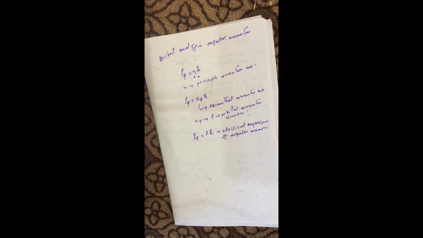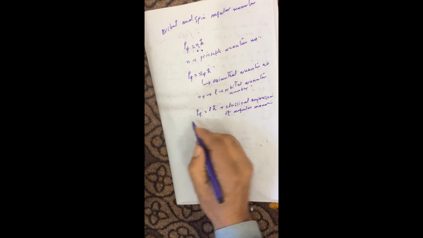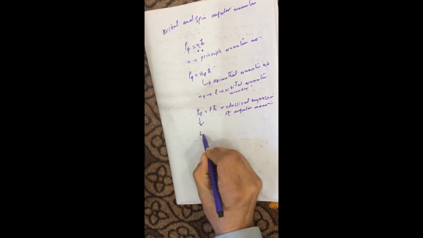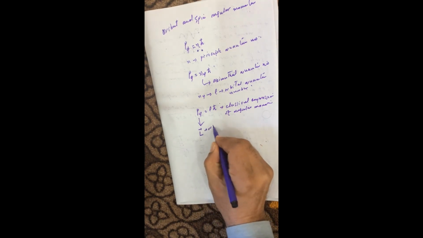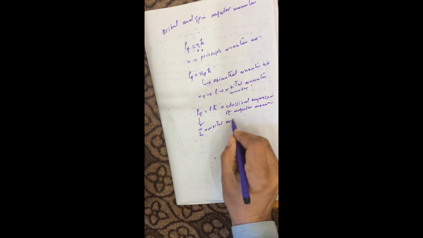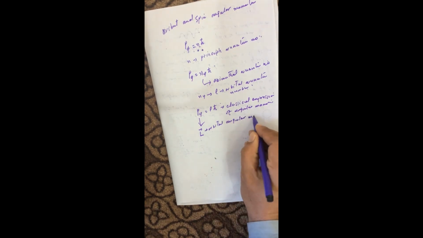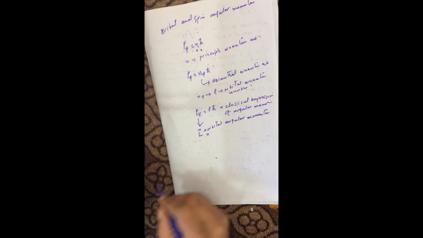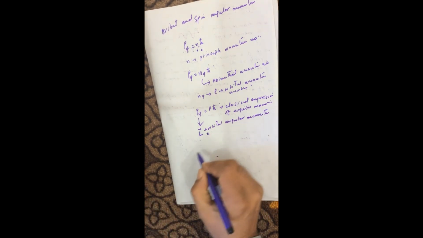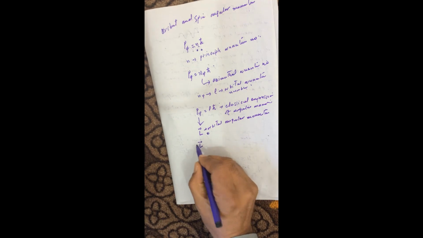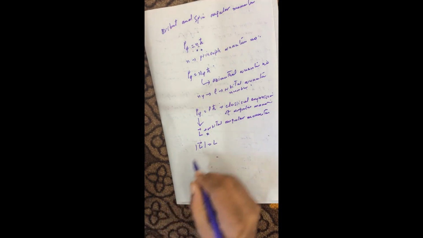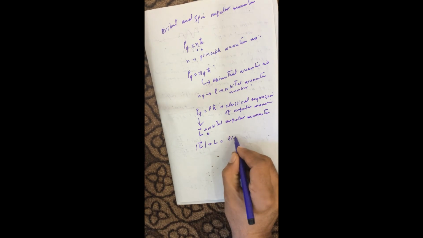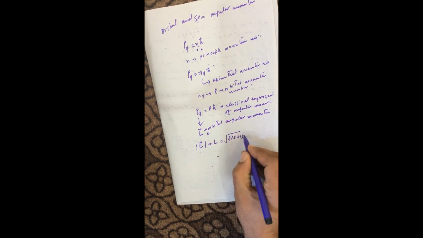Now it was found that here I replace this angular momentum by L, where L is the orbital angular momentum. I will take the magnitude of this L, which is equal to the square root of L into L plus 1, times h bar.